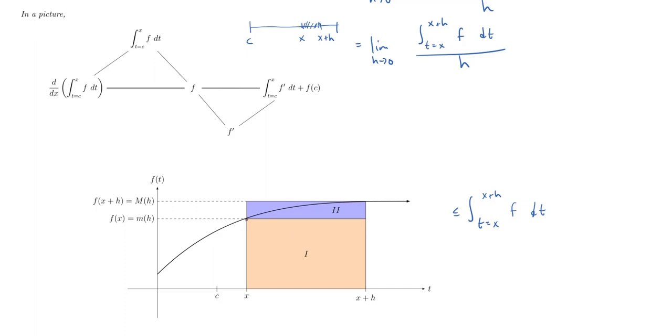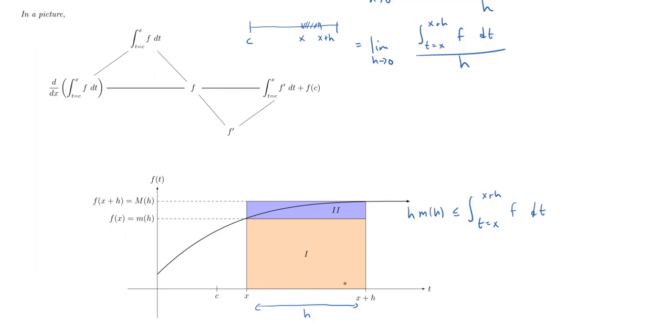Okay, that is, I take the smallest possible value of f on this interval and multiply that value, that height here, by the length of the interval. Okay, so the height is m of h. And the width of the interval, right, so this is the interval from x to x plus h, that has width h. So I know that whatever this accumulation function value is, it has to be at least as big as this rectangle.